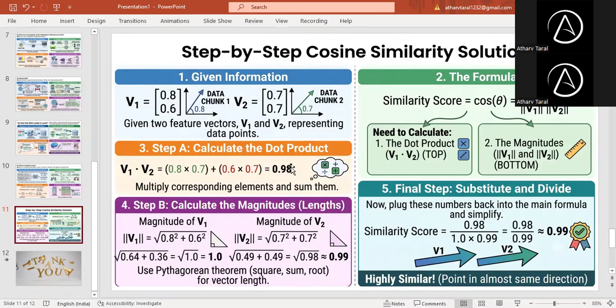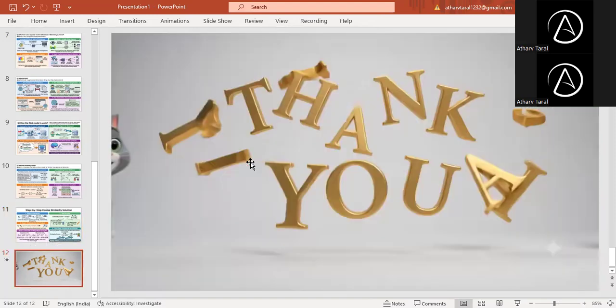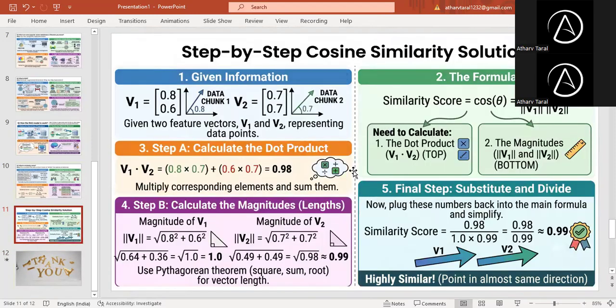The addition is 0.98. So we multiply corresponding elements and sum them, and step 3 has been completed.